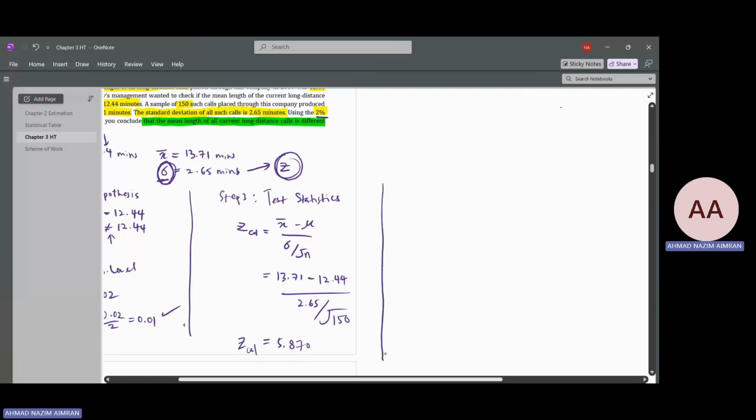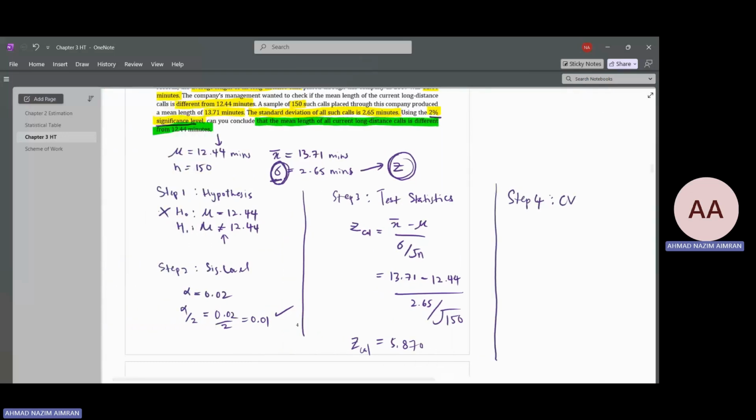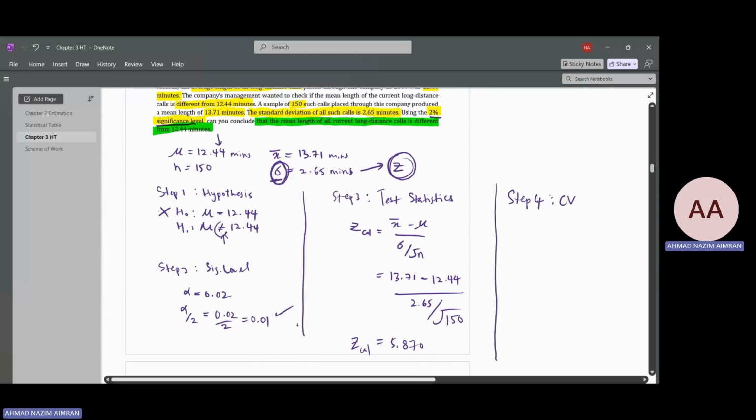Now, since you have calculated the Z calculated, the next step, step 4, is to find the critical value. To find the critical value, you have to remember that we are doing a two-tailed test, and that is why we need to find the Z critical value based on alpha over 2.